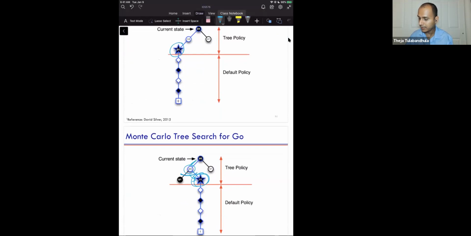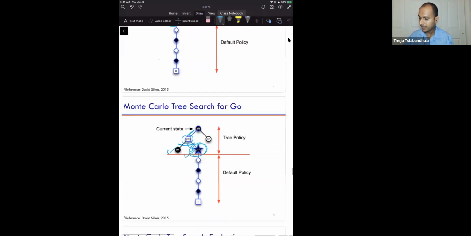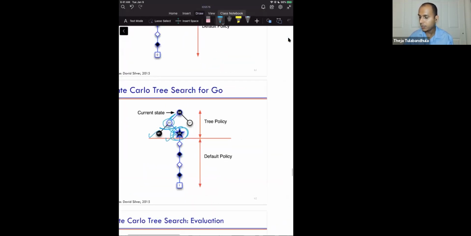So you try the first action, you try the second action, and then here again you can go to those trajectories. Maybe this one is better. So the next time you go down this path with more probability than going down useless things which are not useful. Okay, so basically you're zooming into the right sequence of actions.